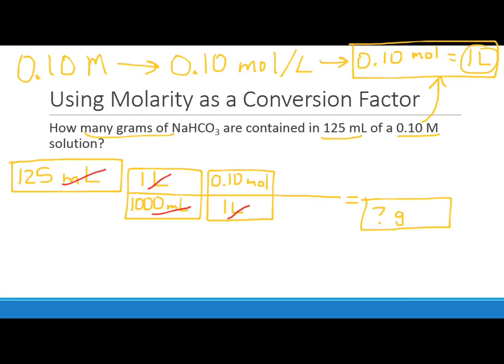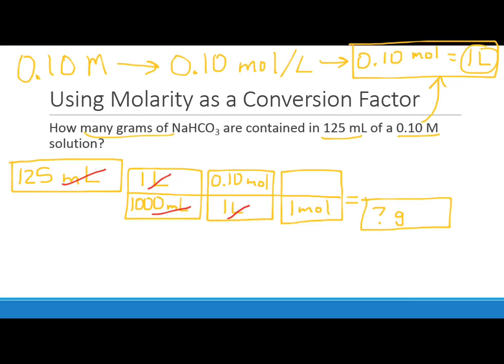So if the problem asked for moles, I would be all set because I have moles. But the problem actually wants grams. So I need to go one more step, right? I need to figure out what's the molar mass. What is the mass of 1 mole of sodium hydrogen carbonate? Well, I'm not going to write this out, but on my periodic table I have sodium, which is 22.99, plus 1 hydrogen, which is 1.01, plus 1 carbon, which is 12.01, plus 3 oxygens, which is 3 times 16.